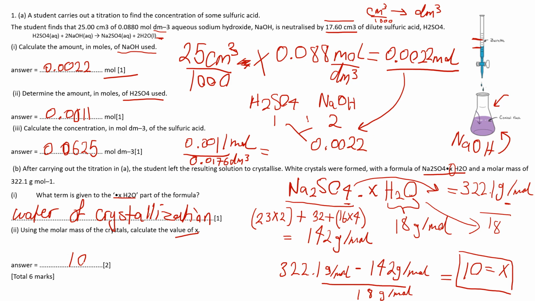So first of all, minus 142, and then divided, and then we have our X remaining. Hope that made sense, and I hope that was of use. If you have any questions, let me know, but that's our moles question for today.